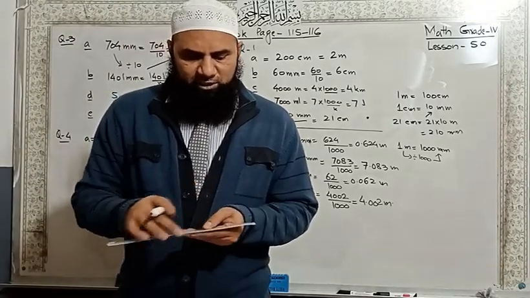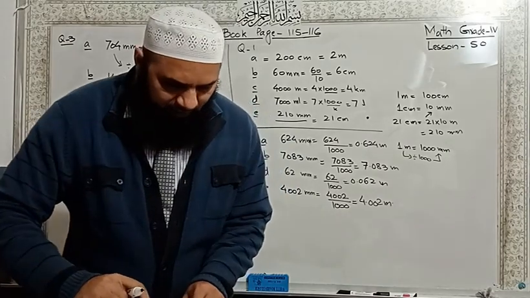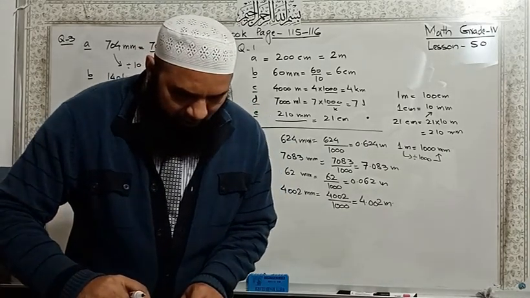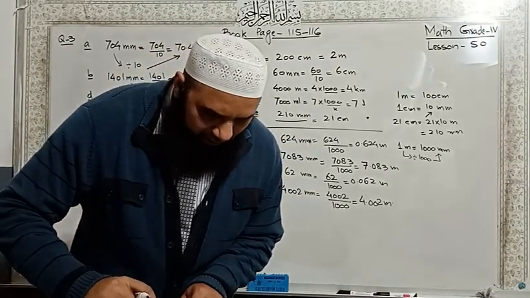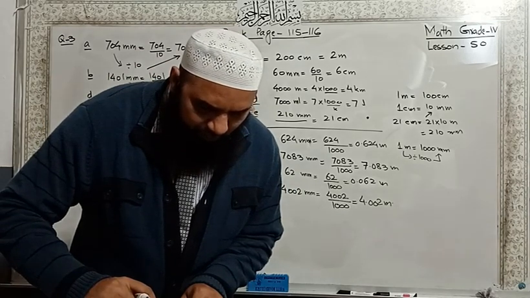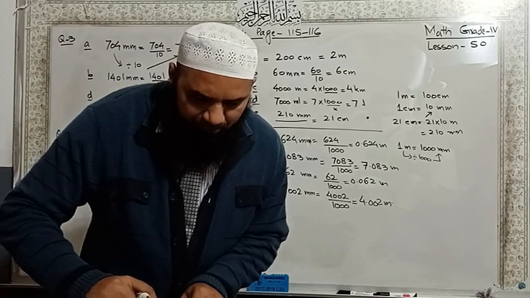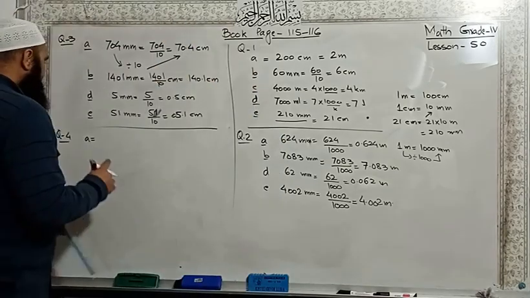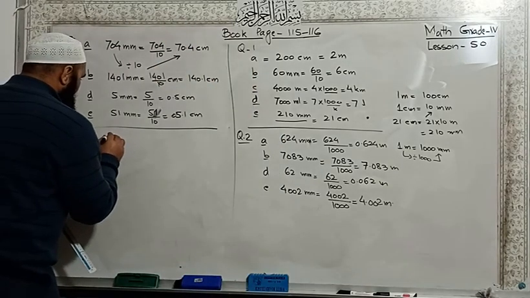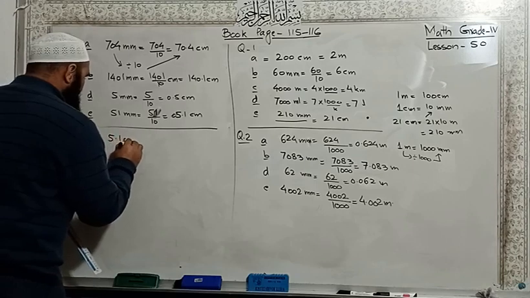Put the 0 point at the start of the line and see the line goes up to where it approximately comes to 5 centimeter point 1. So this is equal to 5.1 centimeter.